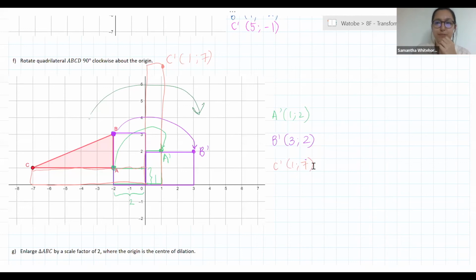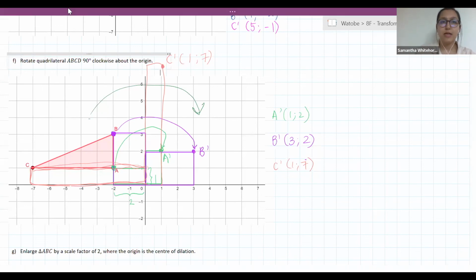Okay, so I apologize. I didn't leave enough space on my Cartesian plane. That's my own fault. But we take our rectangle, which is currently lying flat for C, and we turn it upright. So it's still 7 units long and still 1 unit wide, but now standing upright. And C dash is now sitting at 1, 7.